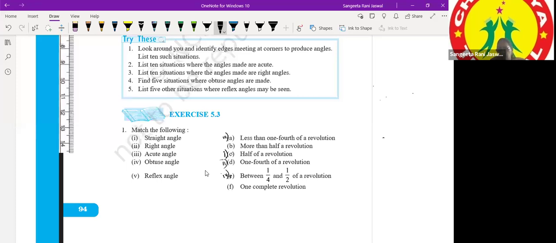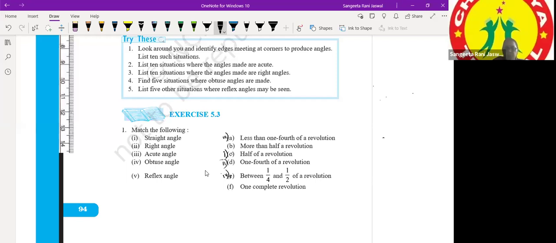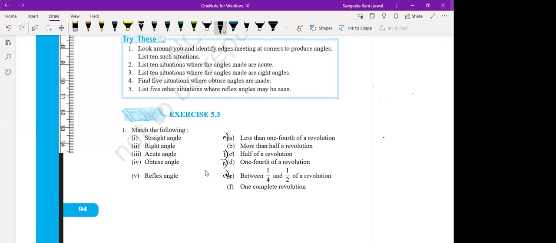Next, Nishika, reflex angle. Nishika, can you hear me? Yes, ma'am. Tell me for reflex angle. Ma'am, a reflex angle will be one complete revolution.